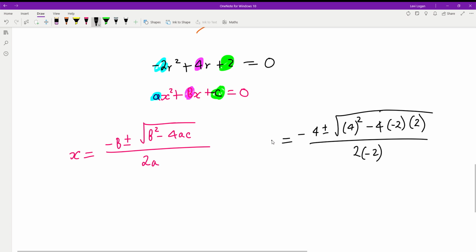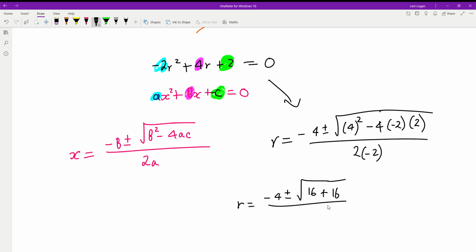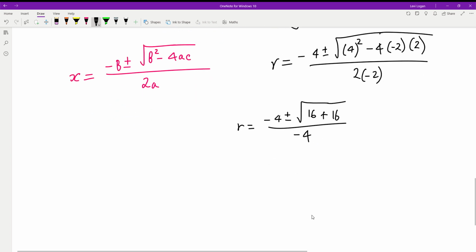This is actually r because that's the quadratic equation. So r is equal to minus 4 plus or minus the square root of 4 squared, which is 16, and we're going to get another 16 here. So plus 16, because negative 4 times negative 2 is 8, times 2 is 16. All on negative 4. Right, let's simplify this. So r is negative 4 plus or minus the square root of 32 on negative 4.